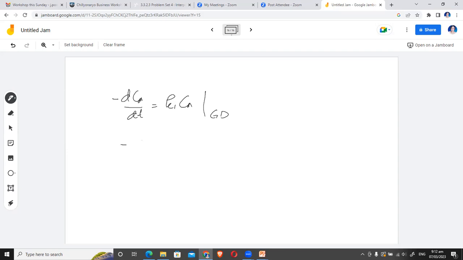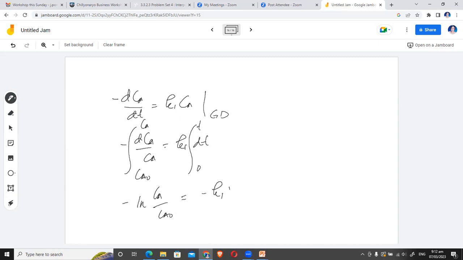So you will have negative dCA over CA is K1 dt, and you will have here CAO, CA. Then you have ln of CA over CAO, negative, is equal to negative K sub 1 T.